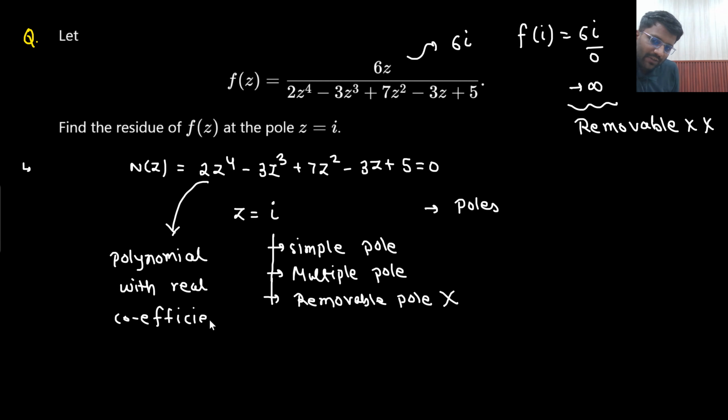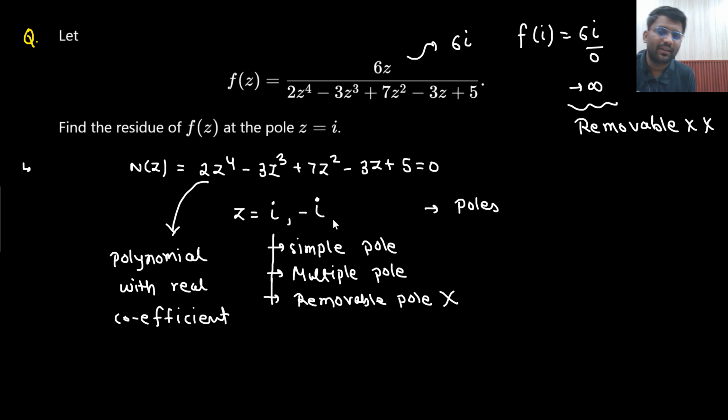If it is a polynomial with real coefficients, then the roots will come in complex conjugates, that we have already seen in the basics. That means if one of the roots is iota, then surely another root would be minus iota for sure. That's guaranteed. Now let's say I assume that iota is a repeated pole.